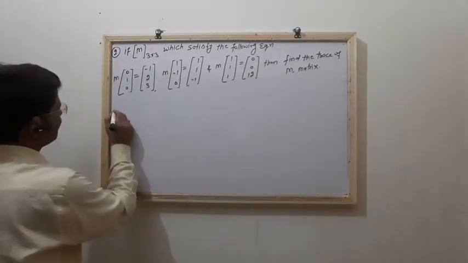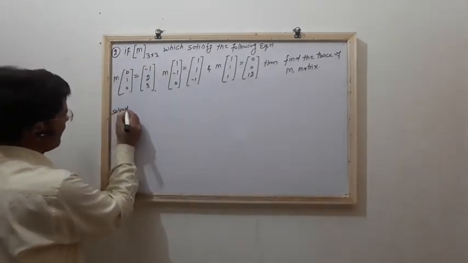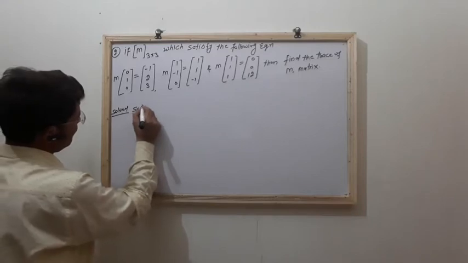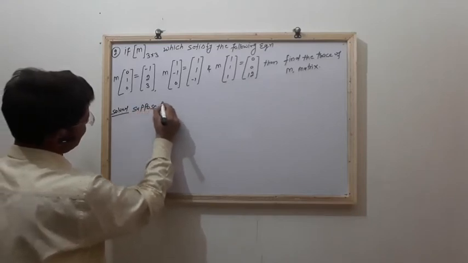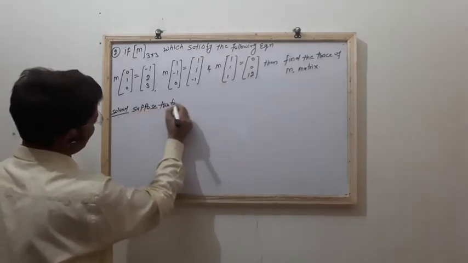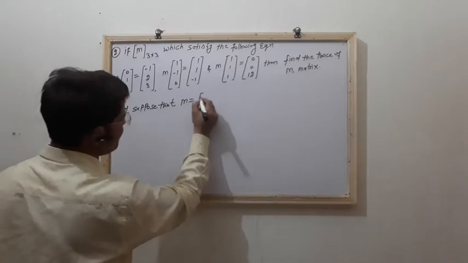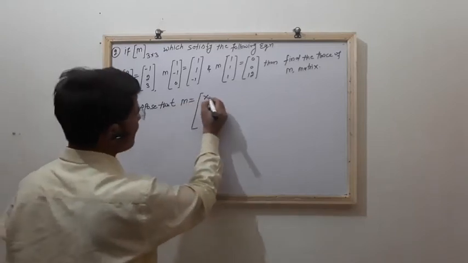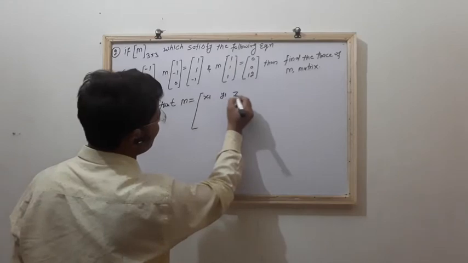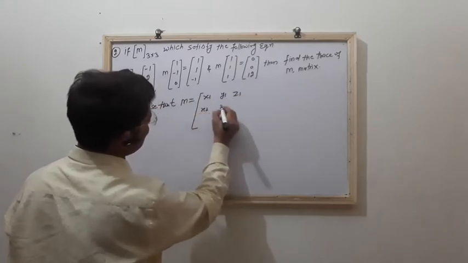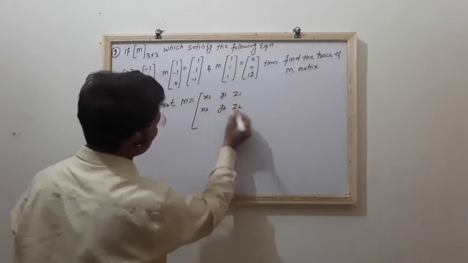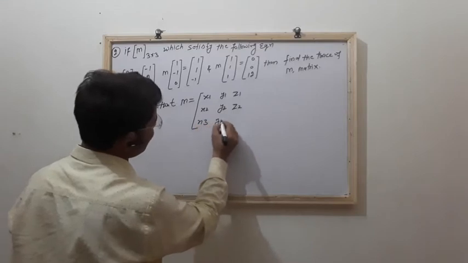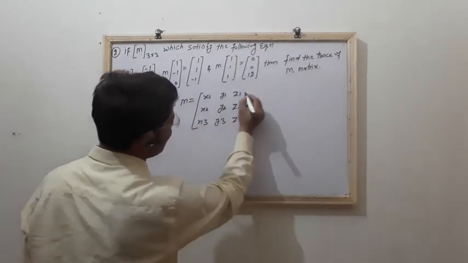Suppose that M is equal to x1 y1 z1, x2 y2 z2, x3 y3 z3.